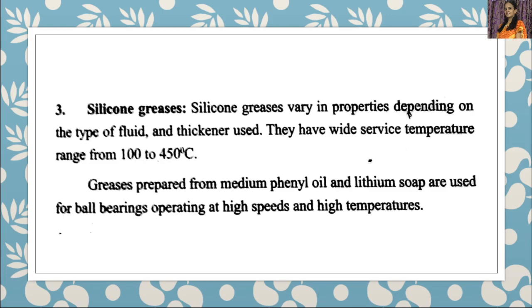Greases prepared from medium phenyl oil and lithium soap are used for ball bearings operating at high speeds and high temperatures. So for ball bearings operating at high speeds and high temperatures, silicone greases find applications, which are prepared from medium phenyl oil and lithium soap.